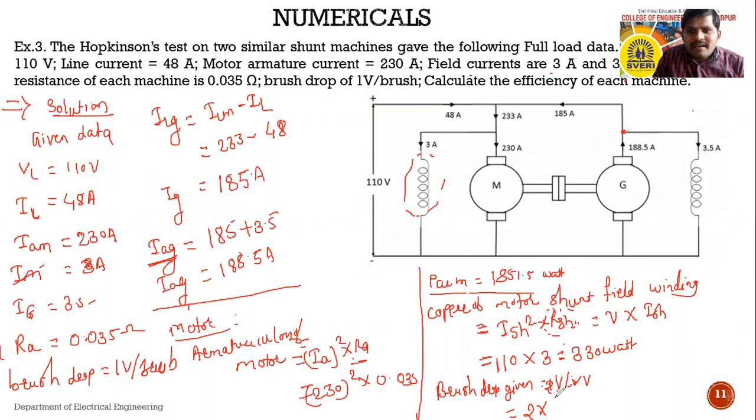The brush will carry a current the same as the armature current. That means it is 230. So it is equal to 460 watt.